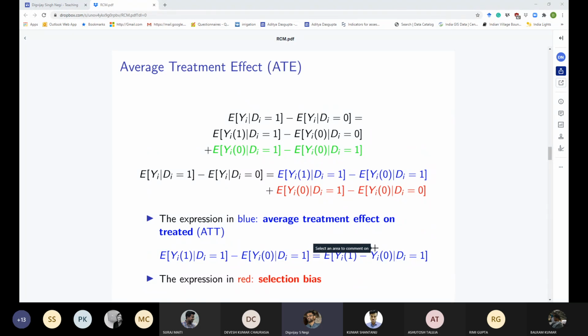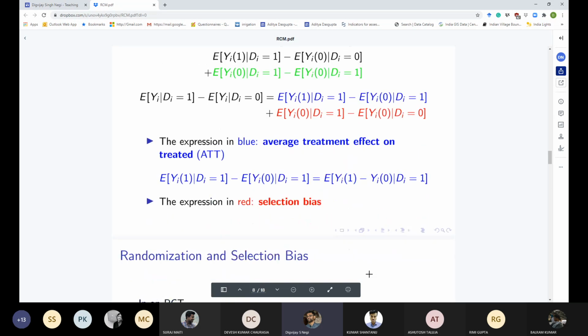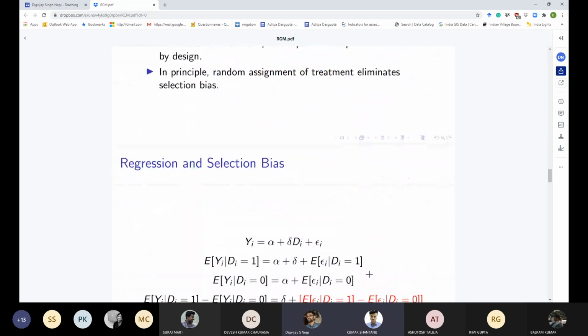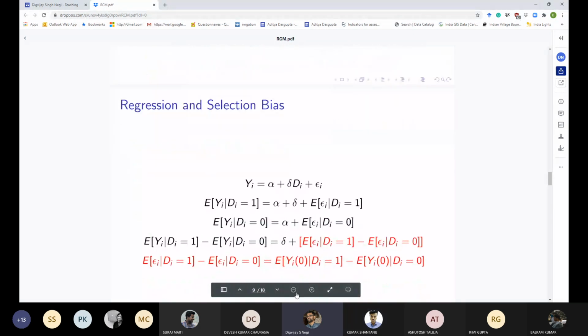And when I show you this in a regression, you will understand what this object actually is. I think it would make things easier to understand. Thank you, sir.